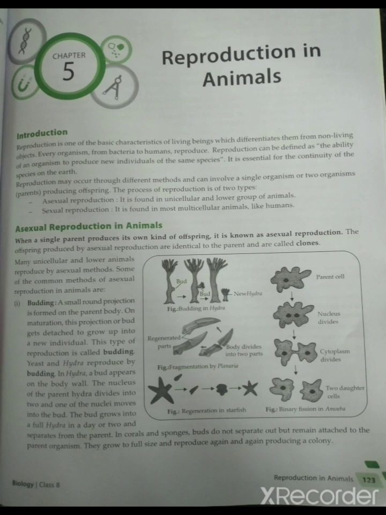One arm, one part will be cut down, so that part also regenerates, but the cut down part will develop into a new organism. Similarly in fragmentation it happens, but mostly in flat, filament-like organisms. Okay, I hope you are clear with what I have said.